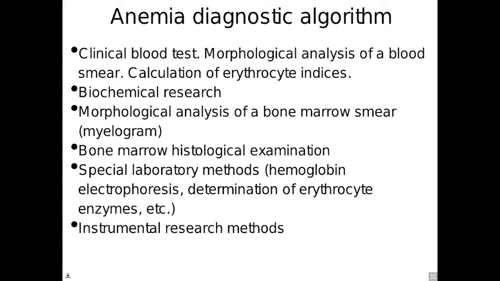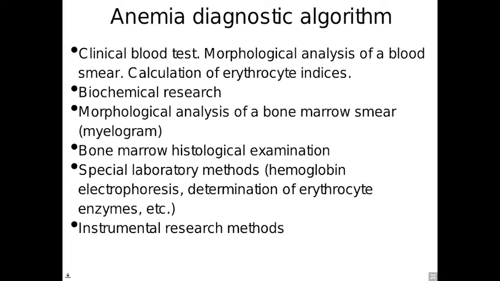Biochemical research includes, for example, serum iron, serum ferritin, transferrin saturation, total iron binding capacity. Usually these values of the biochemical analysis are enough to make a conclusion about the anemia stage. Next, we can also go for morphological analysis of the bone marrow smear, so-called myelogram.